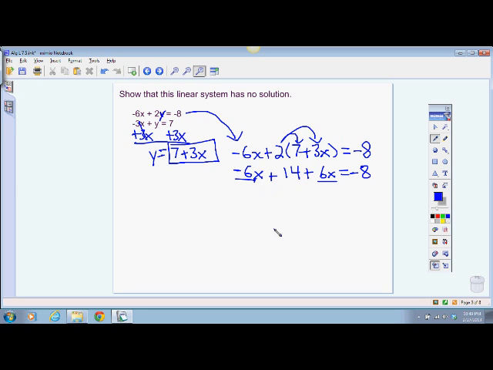Negative 6x and a positive 6x are actually going to cancel out to give you 0x, so we're left with 14 equals negative 8. That is not a true statement. So if you were to solve a linear system by substitution and you get a statement that is not true, 14 does not equal negative 8, then you'd also say that there is no solution.